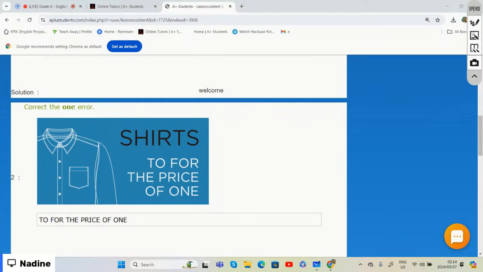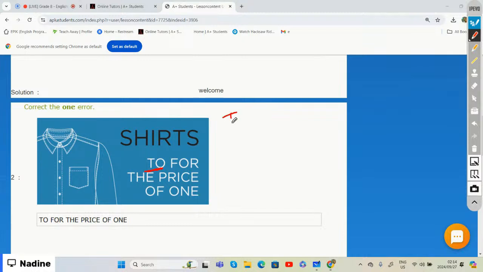Yes, well done. So if we look at this board, it says shirts, two for the price of one. And the word two within the sentence is like saying, I'm going to see you tomorrow. But the word that we need to correct is not TO, we need to use the word TWO for the price of one.